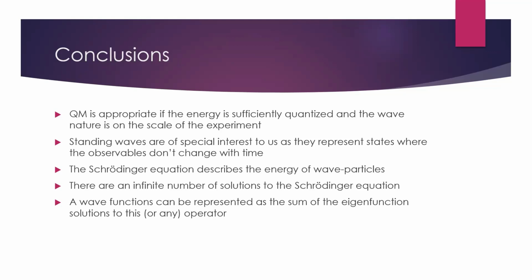We looked at the Schrödinger equation and saw how this describes the energy of our quantum mechanical wave particles. And then we talked about a little bit of how to solve the Schrödinger equation. So the Schrödinger equation is a differential equation that has eigenfunction solutions that return eigenvalues, both of which are useful for us.